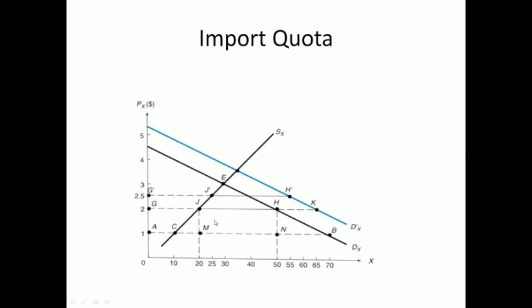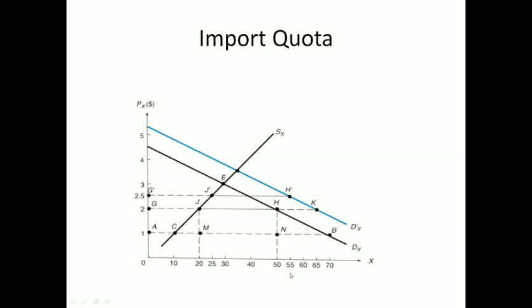Now what happens if the government auctions off import licenses to the highest bidder in a competitive market? The revenue effect would be here $30, that is equivalent to JHMN. So that is producing now an equivalent amount of import tariff for the government. See here the difference when we impose an import quota, that is on the quantity restriction. So here the government has reduced the quantity from J to H. Now because this quantity is restricted, this has impacted this economy.